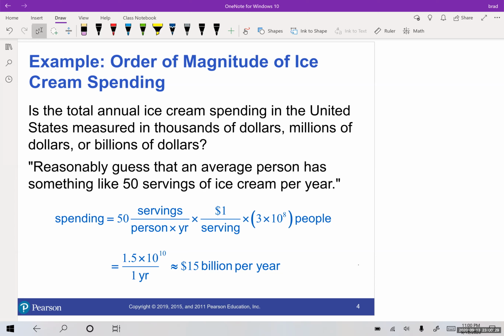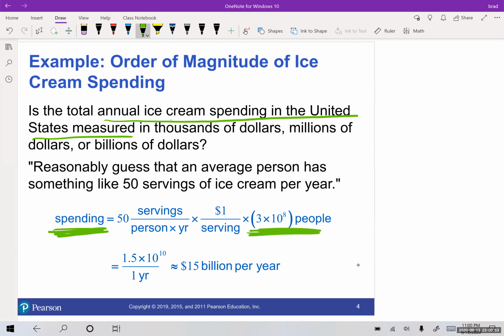So they say, suppose that the average person consumes like 50 servings of ice cream per year. So they want to see how much the entire United States, right? So that's, remember, the annual ice cream spending in the United States. Now, I don't know the exact numbers on the United States, but I know it's like 300 million or 350 million or something like that. So that's what this number is here.